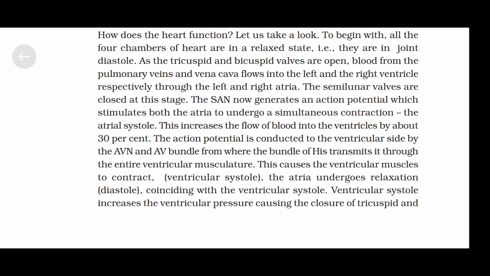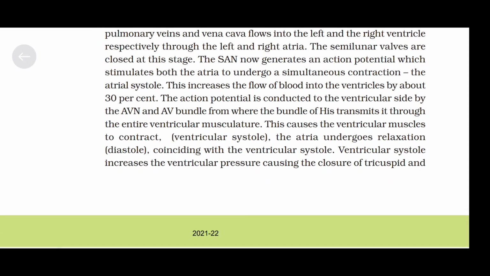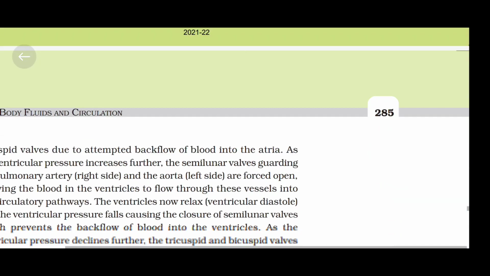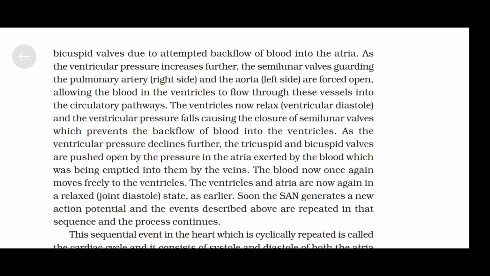Ventricular systole increases the ventricular pressure, causing the closure of tricuspid and bicuspid valves due to attempted backflow of blood into the atria. As the ventricular pressure increases further, the semilunar valves guarding the pulmonary artery on the right side and the aorta on the left side are forced open, allowing the blood in the ventricles to flow through these vessels into the circulatory pathways.